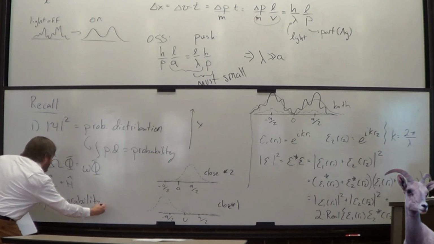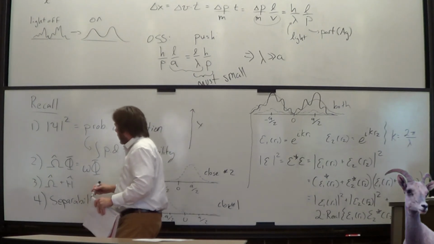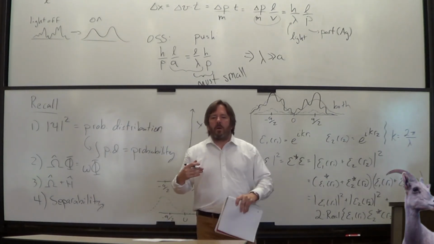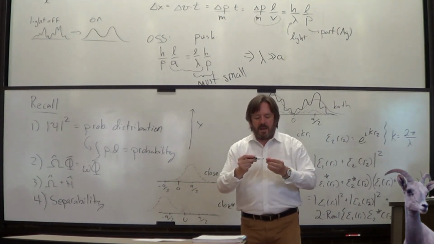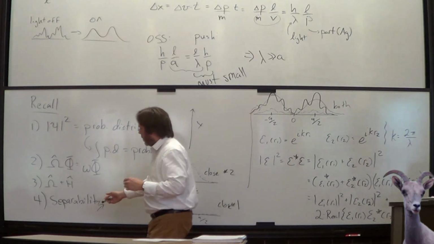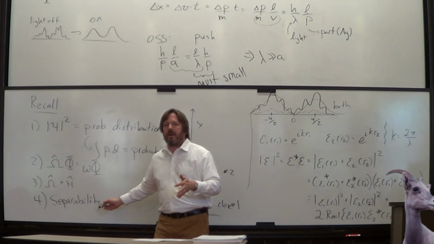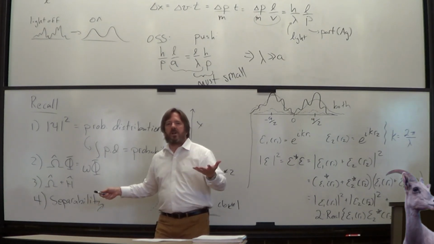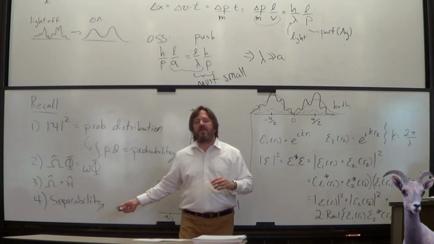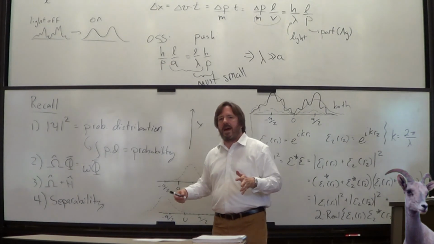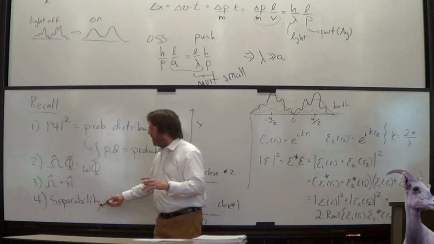What that means is that we almost always have separable operators, and this matters when you're doing multi-dimensional quantum mechanics, when we're doing X, Y, and Z. I'm going to push us to doing multi-dimensional kind of quick. It means that you've got one Schrödinger equation for X, one for Y, and one for Z, and you just multiply the results. You should have seen that in undergrad. If you did a little hydrogen atom, you would have seen there was an R, theta, phi, and we're going to cover some of that.